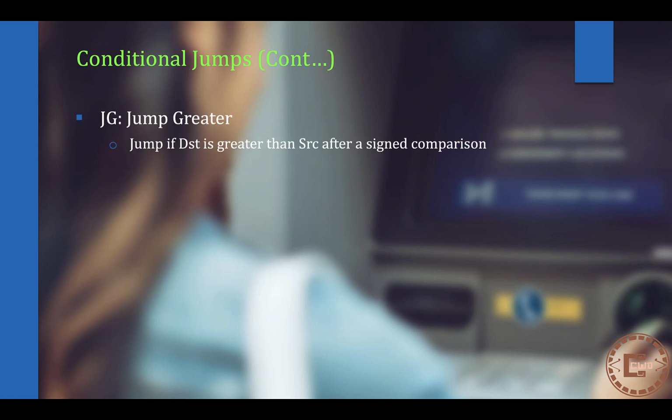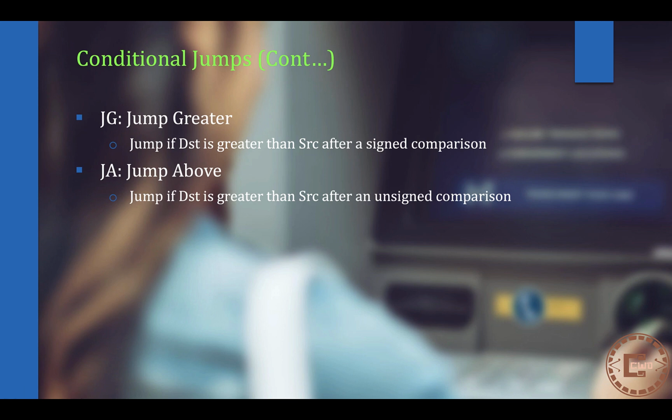Now, jump greater. This is jump if the destination is greater than the source after a signed comparison. What is signed, guys? It's another term we're going to see a lot. Signed means positives and negatives. You can have positive and negative values, or you can have unsigned, which means all values are positive. So in a signed comparison, you check if the destination is greater than the source, and if so, you jump.